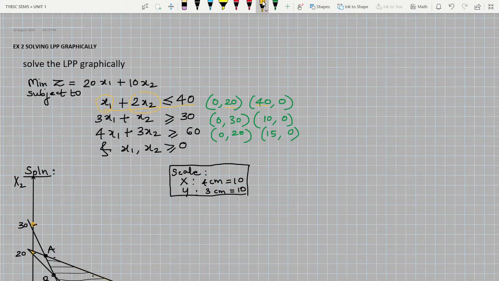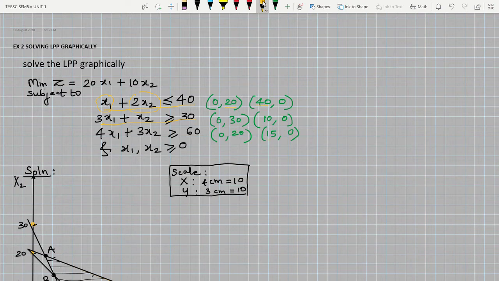Similarly, for the second inequality, we consider 3x1 plus x2 is equal to 30, and in a similar manner we get the 2 points 0, 30 and 10, 0. And for the third inequality, we get 0, 20 and 50, 0.